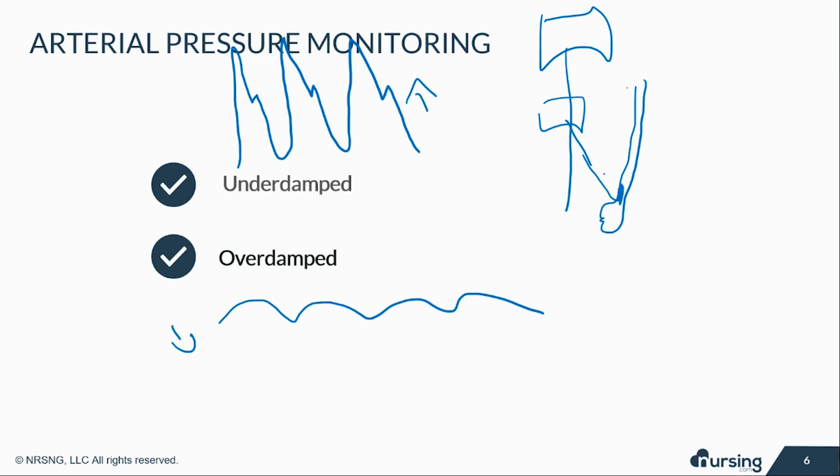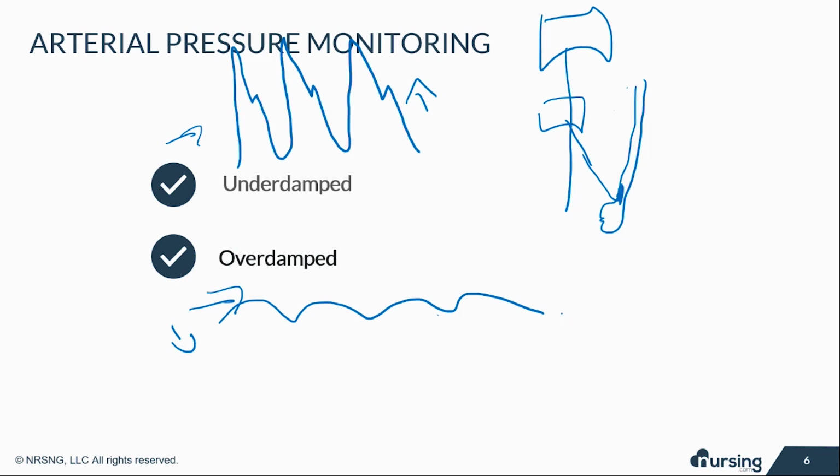And it could be, again, because of a clot, a little air embolism, some type of obstruction in the catheter right here or in the tubing. So flush it and figure out what's wrong with it. It's important to know if you're overdamped or underdamped, because you'll know that this is not an accurate blood pressure reading.